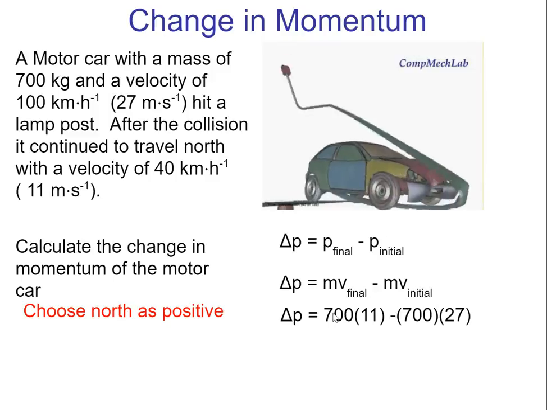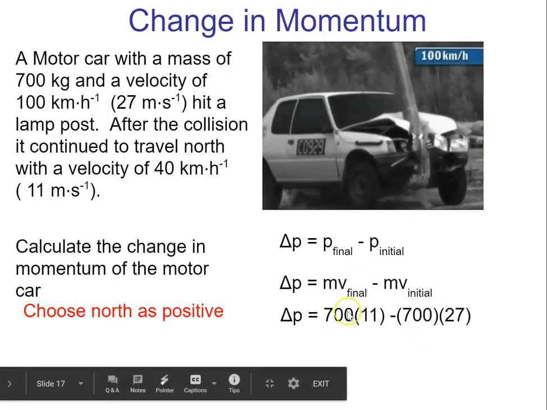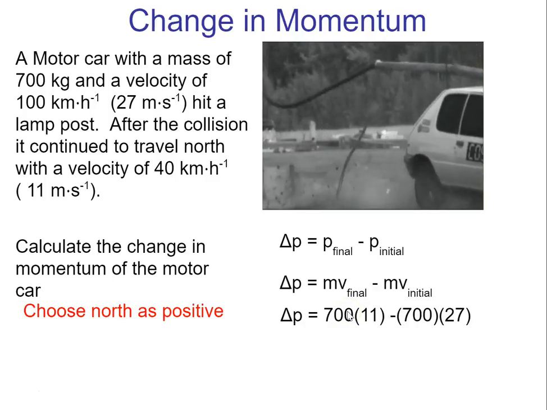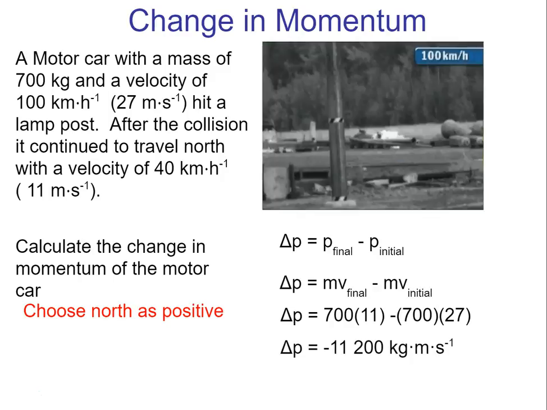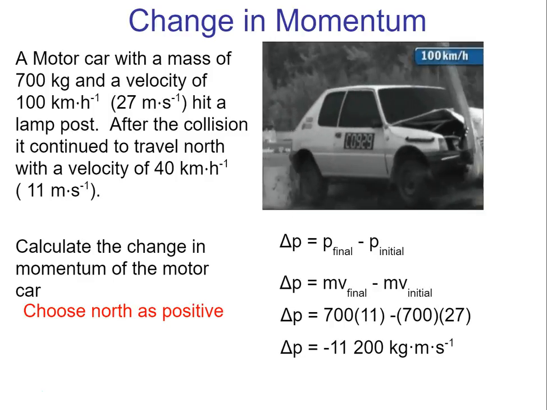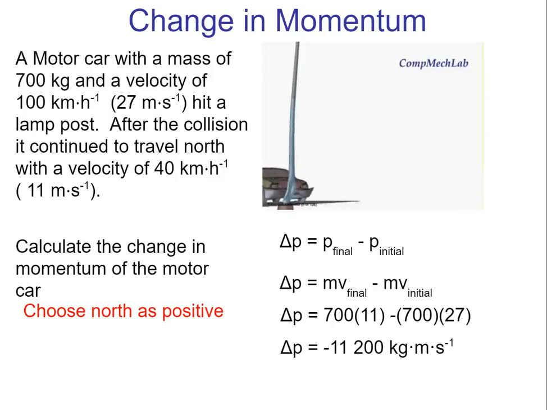Okay, can you see that I'm taking a greater number and subtracting it from a smaller number? Can you see that my answer is going to be a negative number? If you calculate that on your calculator, you will find the answer as minus 11,200. What do I do with that minus sign?